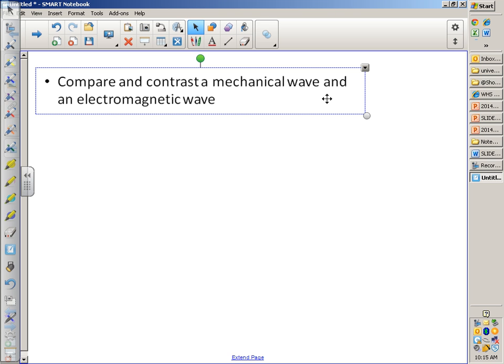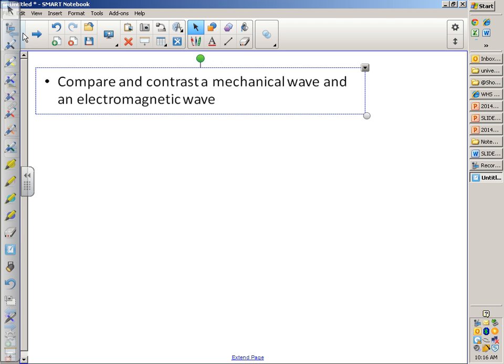Now let's do the contrasting part. What makes a mechanical wave different from an electromagnetic wave? The mechanical wave needs a medium, but an electromagnetic wave doesn't. What's a medium? Something that the wave goes through, and that medium is matter. Some matter that the wave travels through, right?